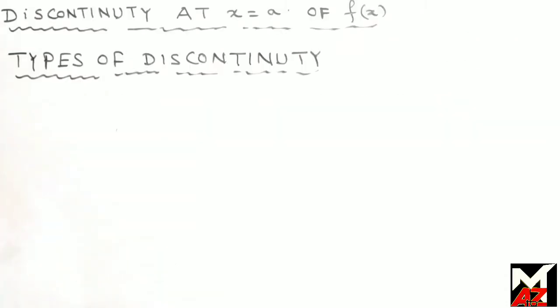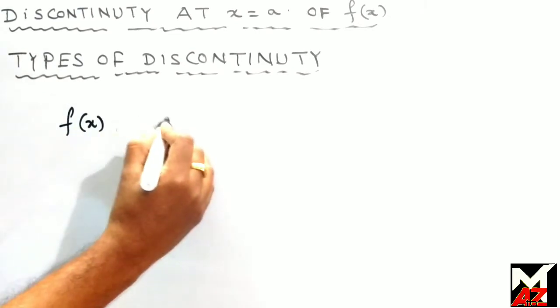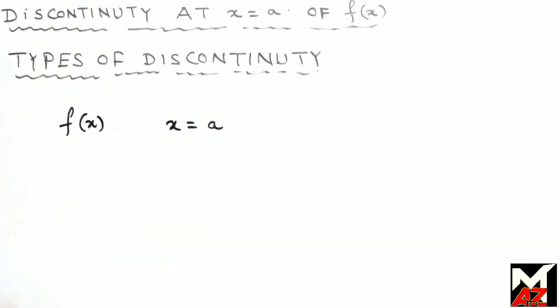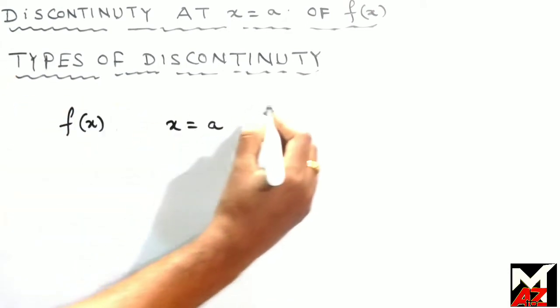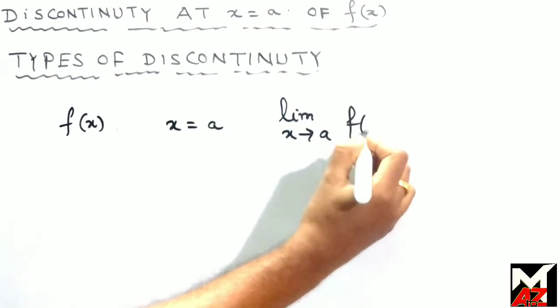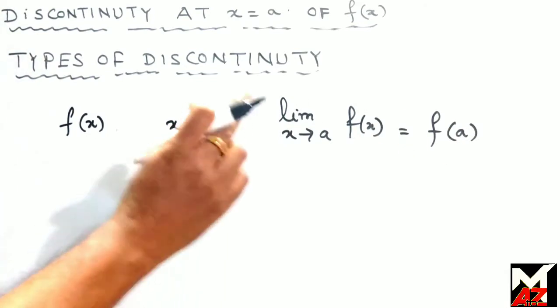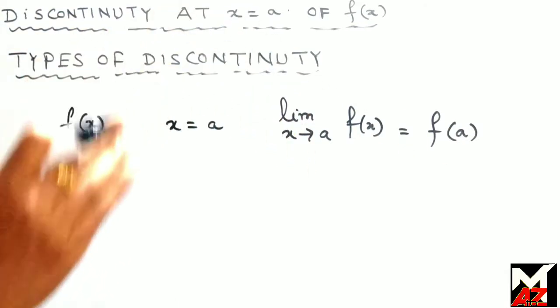Before going to discuss the discontinuity, we write here the definition of continuity in symbolic manner. A function f(x) is said to be continuous at x equal to a, then we write limit x tends to a f(x) is equal to f(a). That is, the limiting value and the functional value are same.